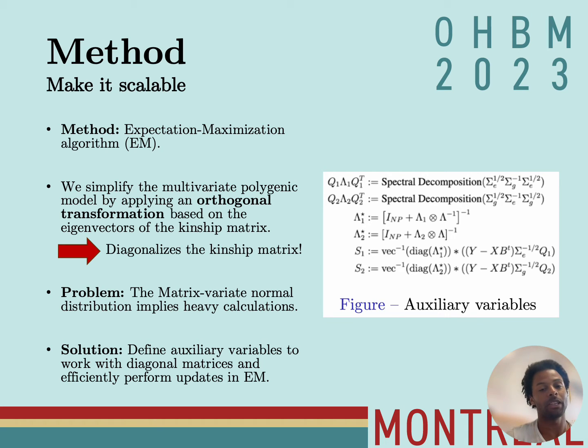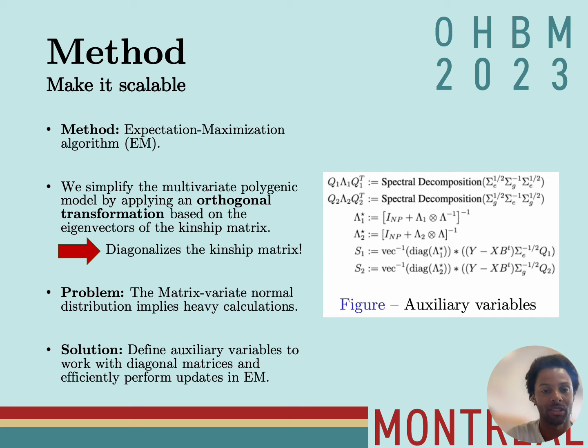Now the problem remains because, as you saw in the previous slide, we're working with matrix-variate normal distributions, so normal distributions on matrices, and this leads to very heavy calculation. So the solution is to actually define auxiliary variables to work with diagonal matrices, which will allow us to perform the updates in the EM algorithm more efficiently.